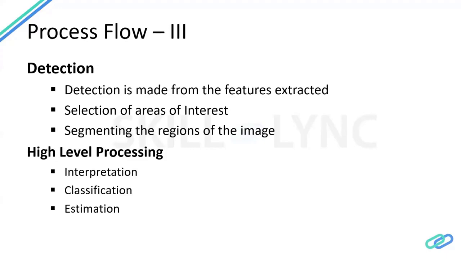The third step would be detection, which is followed by high level processing. Detection is made from the features extracted. The features that you extract enable the detection process, and there are multiple detection methods. For example, when you want to detect a face in an image, you would be interested in features that predominantly define the face, something very particular to the face.